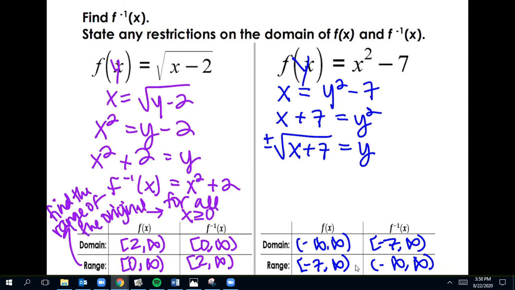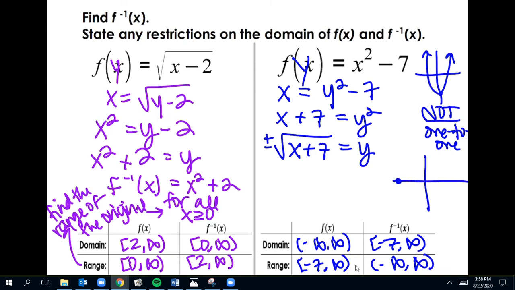Now, I just want to show you graphically why that happened. X squared minus 7 is just this graph down here. It fails the horizontal line test. So this inverse is not a function. What it looks like is we have x squared minus 7, square root, it goes up, and then we also have the negative version, it goes down.